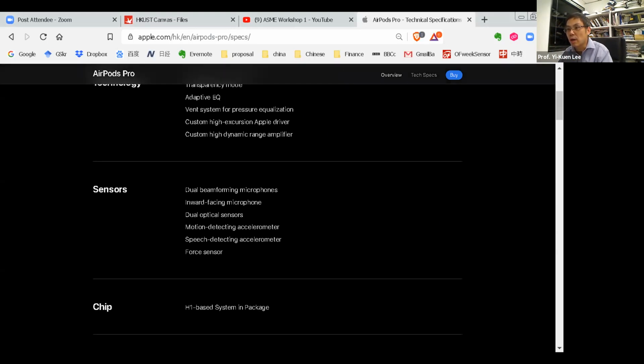You see, you have a dual beamforming MEMS microphone, and then inward facing microphone, dual optic sensor, motion detection accelerometer, and speech detection accelerometer. You see the full sensor.